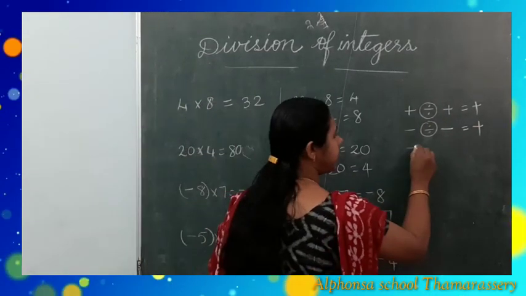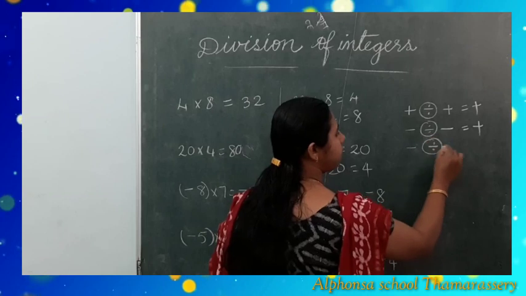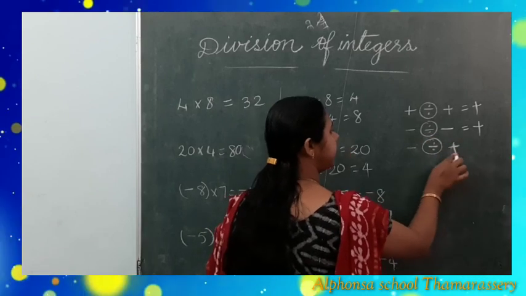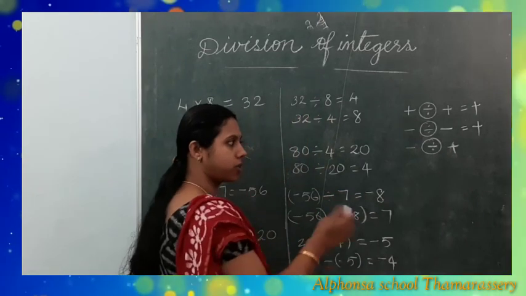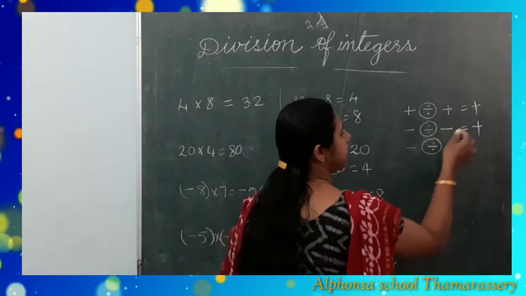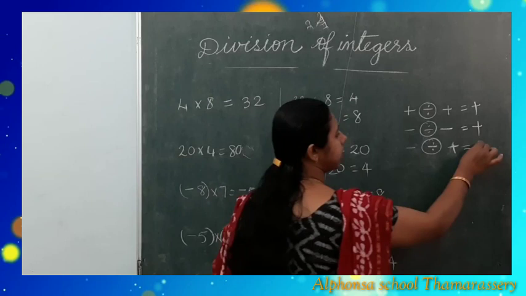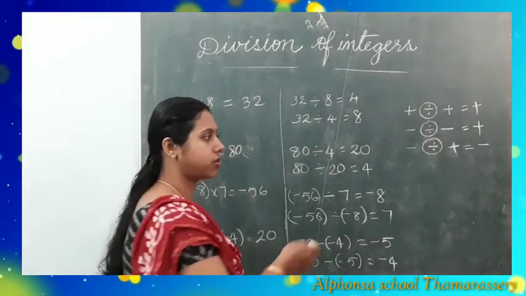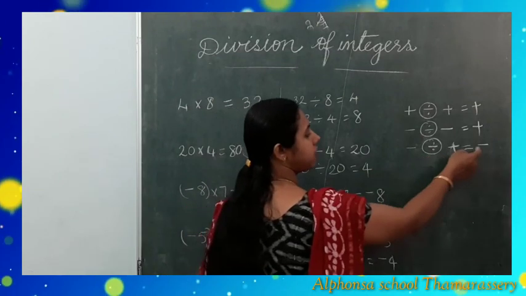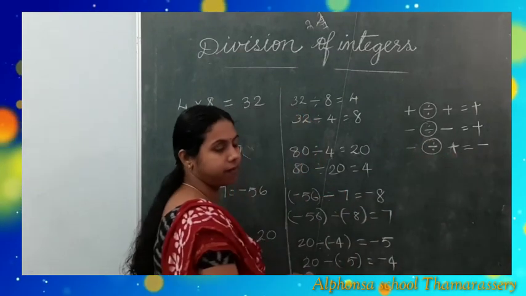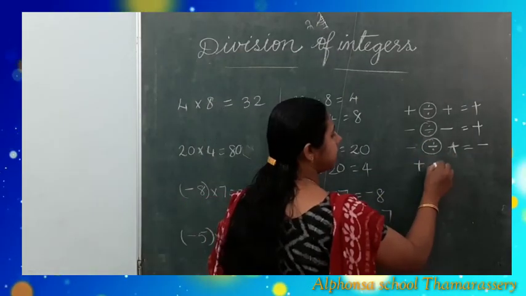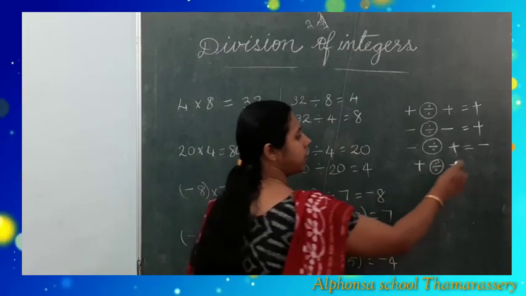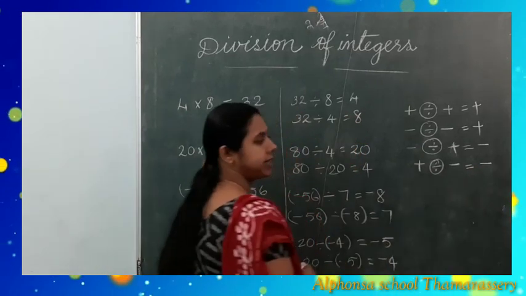A negative integer divided by a positive integer. If a negative integer is divided by a positive integer, then divide them as whole numbers and keep a negative sign before the quotient. So negative divided by positive is equal to negative. And if a positive integer is divided by a negative integer, that is also equal to negative.